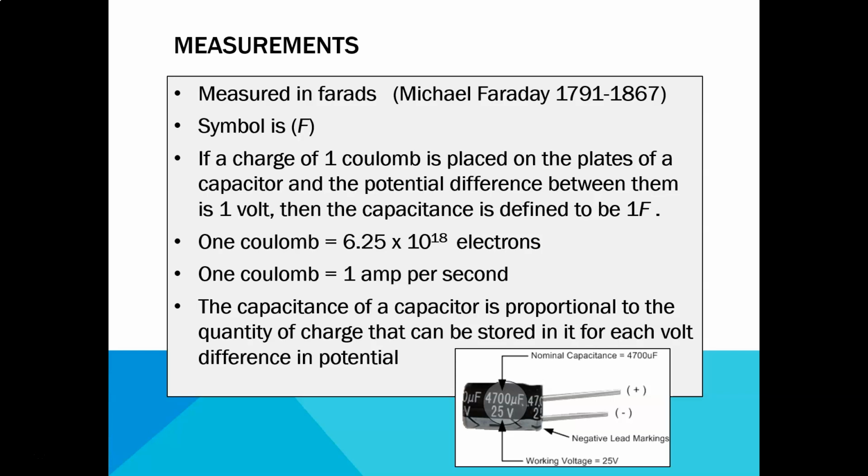The capacitance of a capacitor is proportional to the quantity of charge that can be stored on it for each volt difference of potential, right? 12 volts, 13 volts, 14 volts, 15 volts, etc. Now, if you look over here, this is 4,700 microfarads. Okay, the mu symbol is micro, less than 1 farad, right? 4,700 micro.